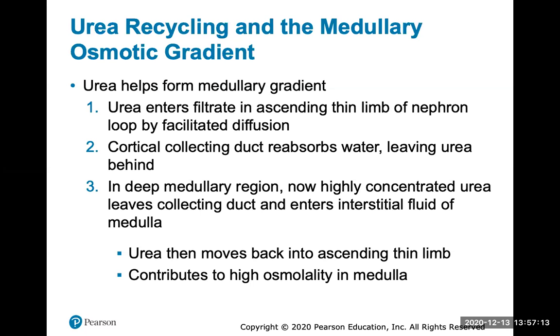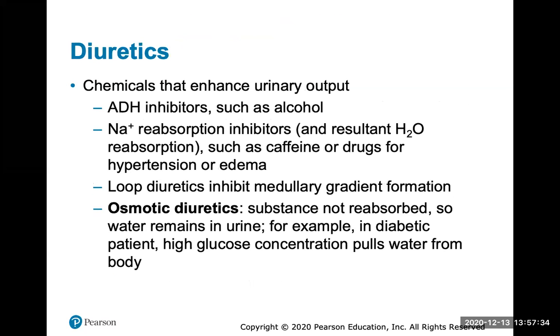And now in the deep medullary region, the highly concentrated urea will leave the collecting duct and enter the interstitial fluid of the medulla, and urea then will move back into the ascending limb. So we have this urea recycling to help create this concentration osmotic gradient so that things can be passively or actively absorbed or secreted into the filtrate.